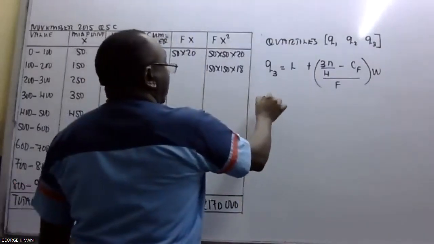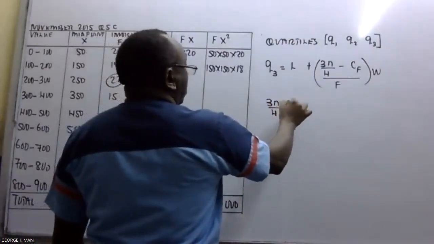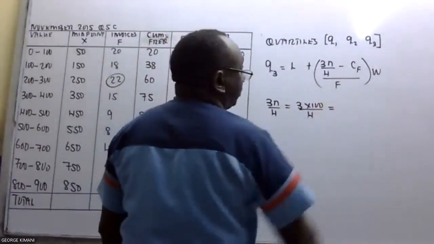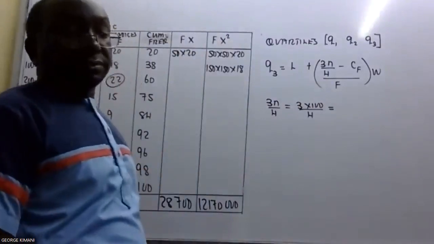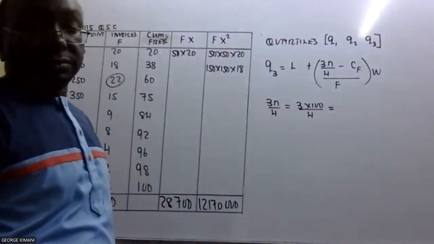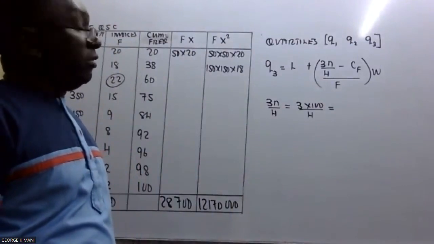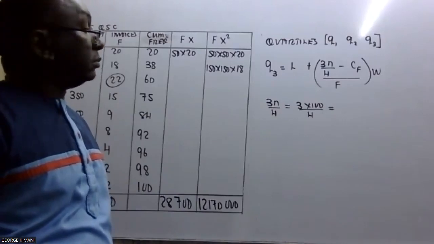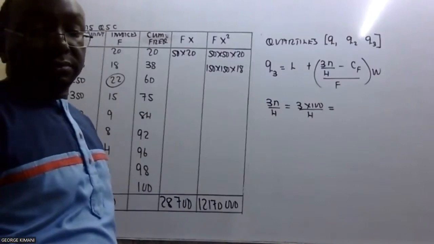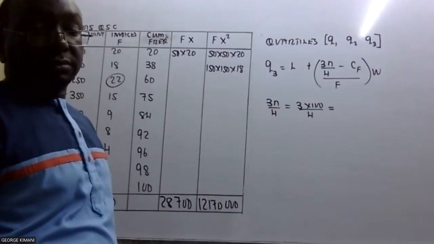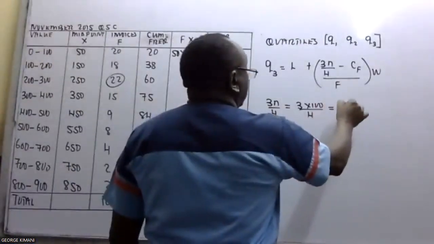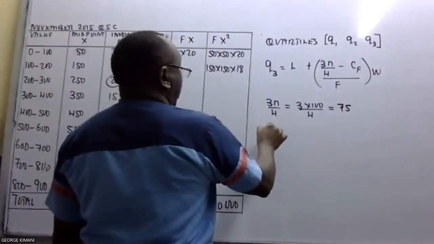So the first thing is to get 3N out of 4. And this is 3 times 100, you divide by 4. What are you getting? 75. So that tells you the quartile class.